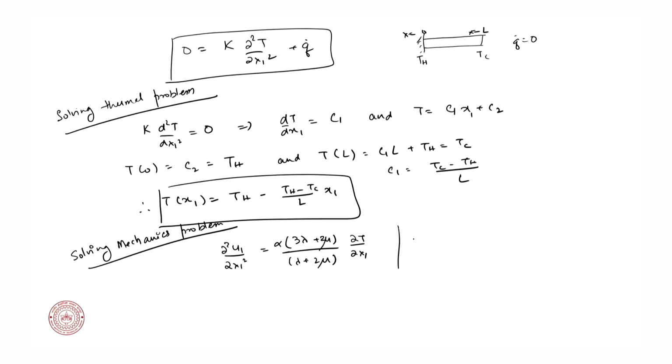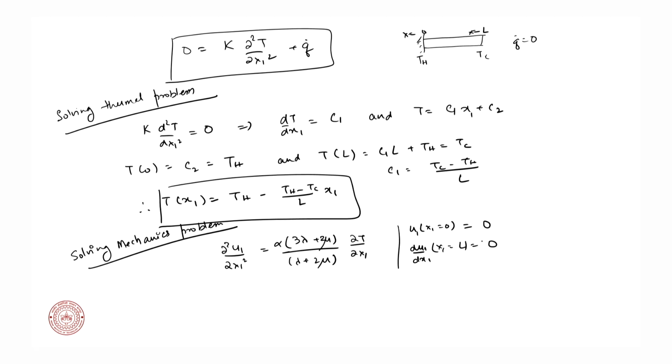We will need two boundary conditions. We will say that u at 0, or u1 at x1 equals 0, it is fixed at this end, that is 0, and du1 by dx1 at x1 equals L is equal to 0.